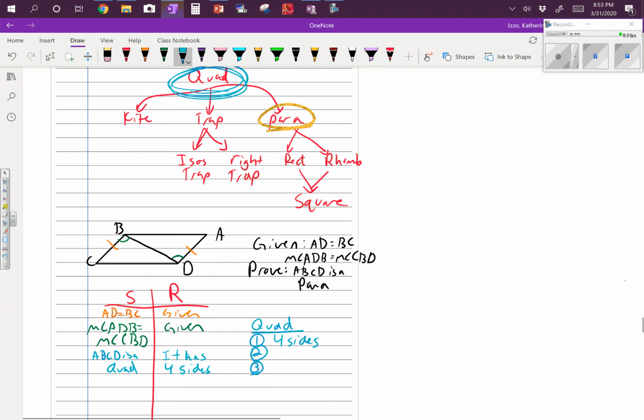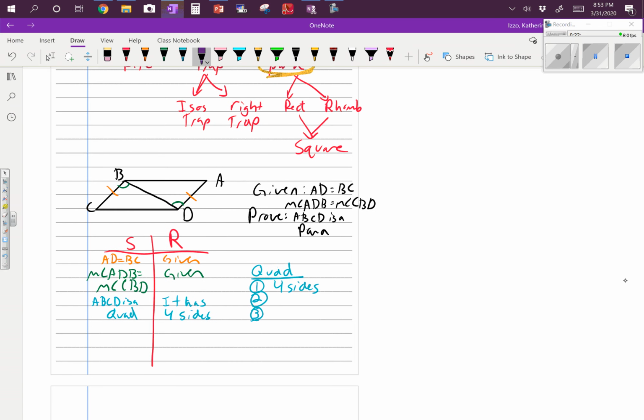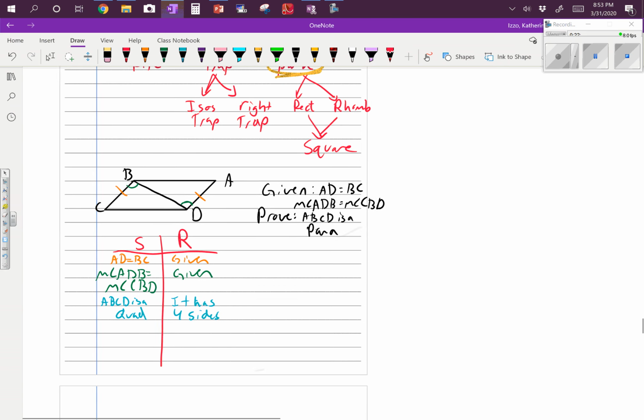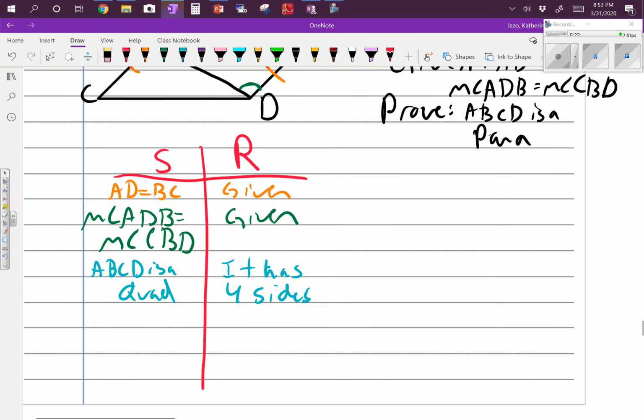Now that we've proven it's a quadrilateral, we need to make our way down to parallelogram. To do that, we have to use one of the many parallelogram properties. So let's take a look at parallelogram. Do you remember the 6 things that make a parallelogram?